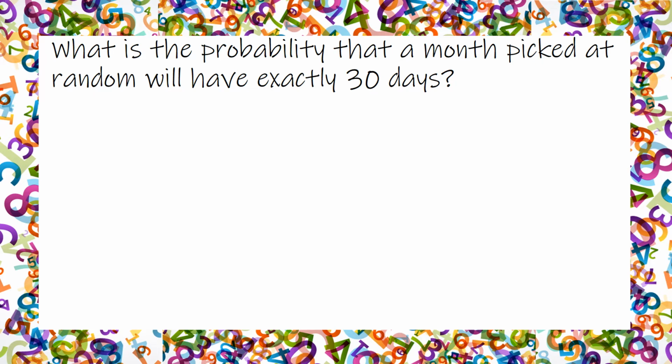What is the probability that a month picked at random will have exactly 30 days? So I'm going to write my months over here. January, February, March, April, May, June, July, August, September, October, November, December.